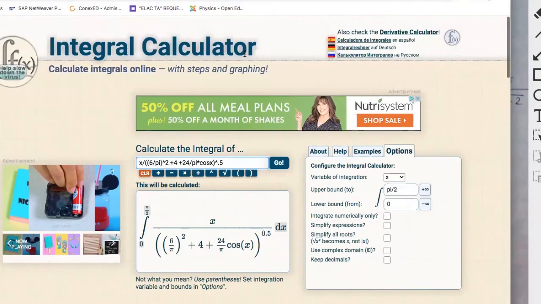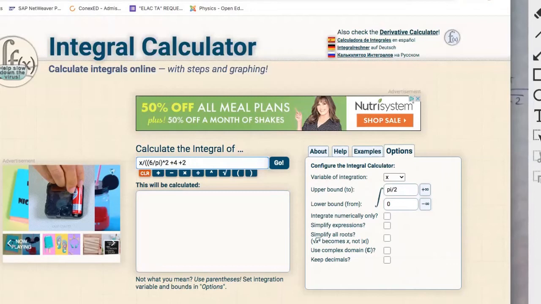This one changes completely now. So x divided by 4 plus x squared to the power 0.5, from 0 to 1.